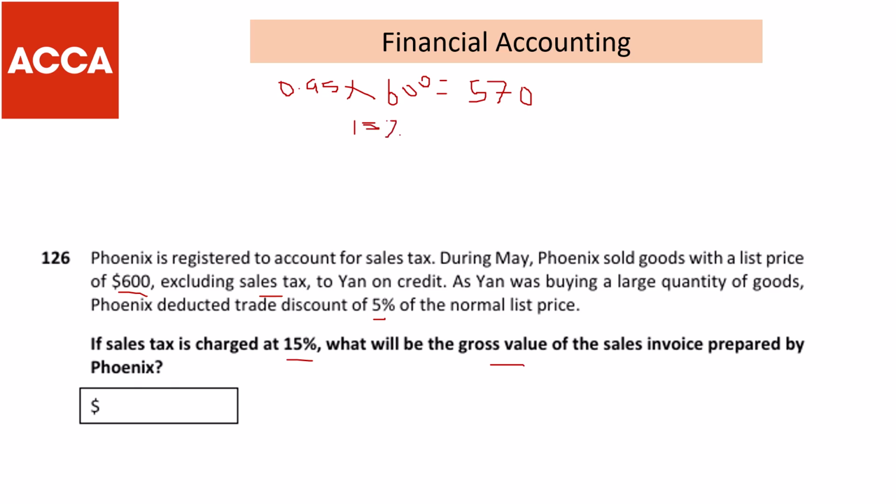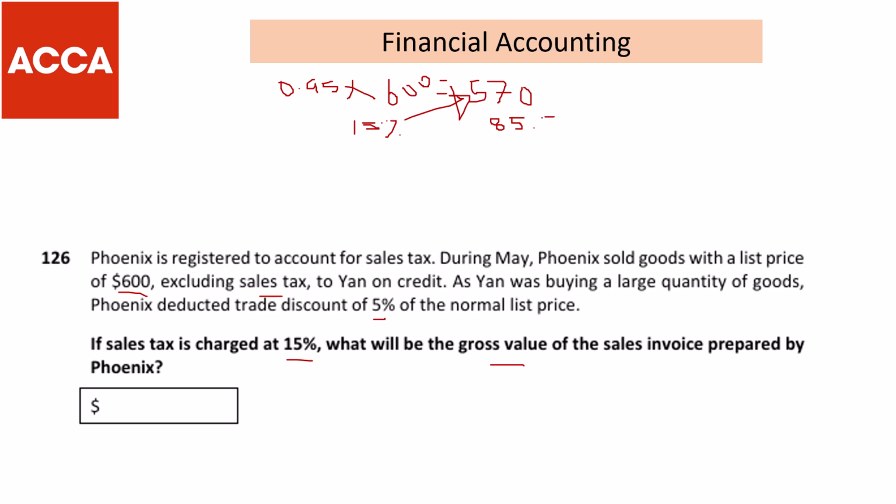So 15%, but it's 15% of 570. And if you do the calculation, 15% of 570 comes to 85.5.